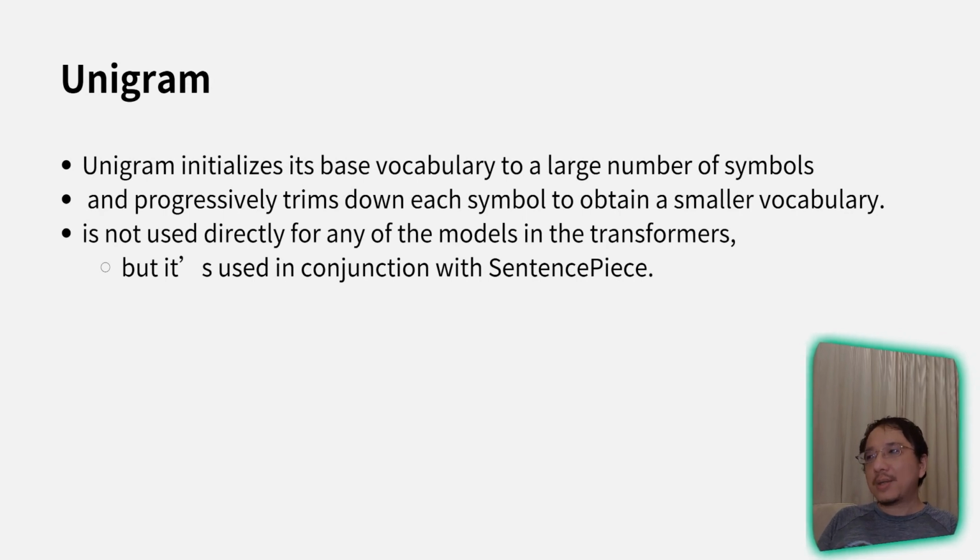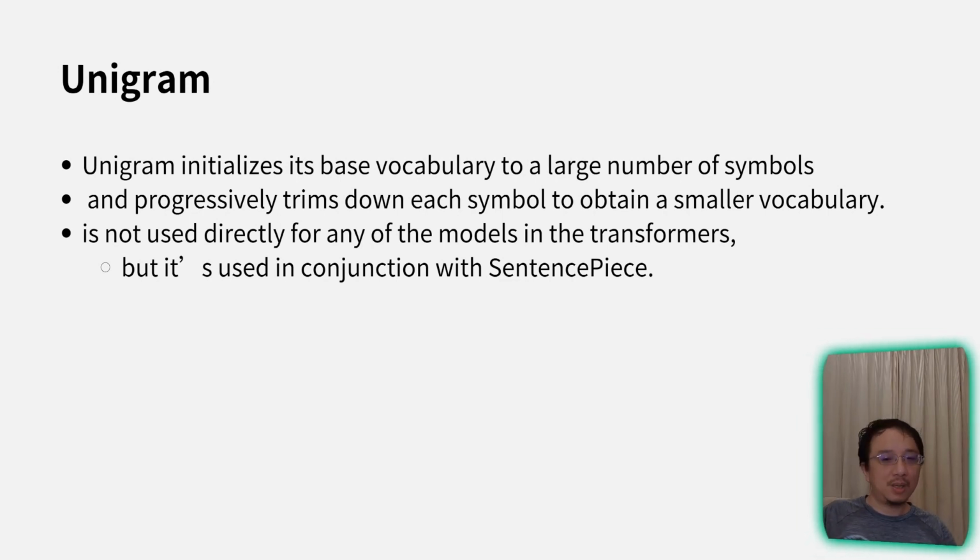Another popular method is called unigram. Recall that we have introduced the n-gram. Unigram is the special case of n-gram, that is the 1-gram. So we can use it as a language model, and by considering it as a language model, we can compute the likelihood.